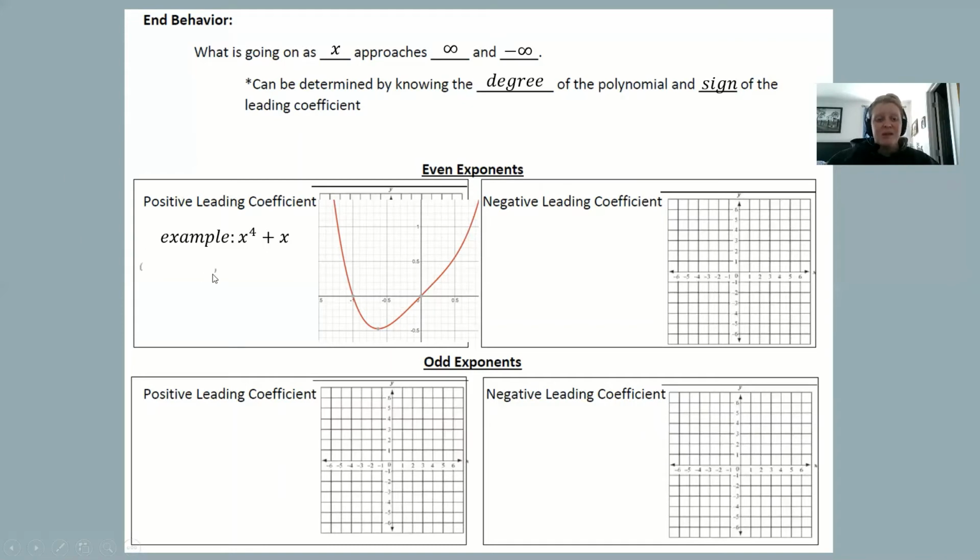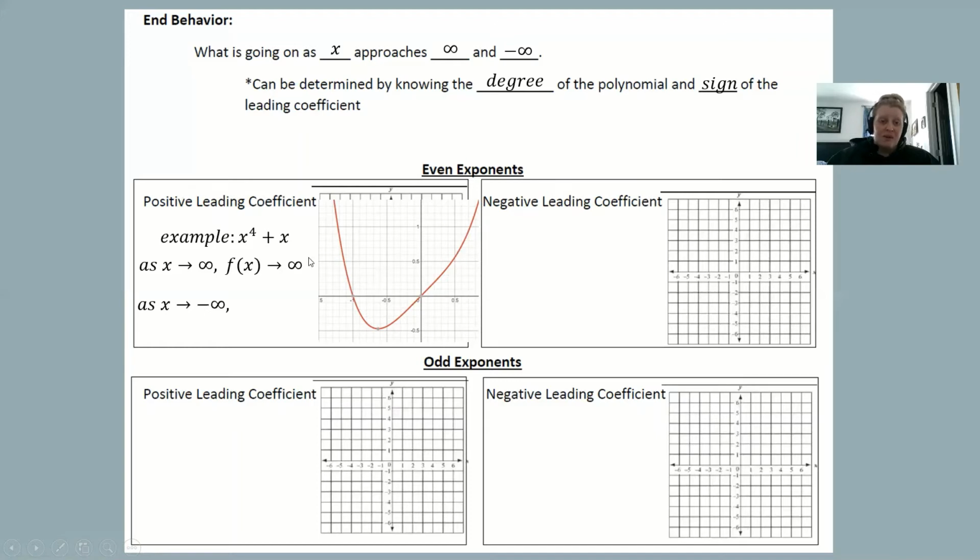The way to present this is such. As x goes to infinity, so that means as we look further and further to the right, and as we look further and further to the left, f of x means the height or the y values. It means as we look on the right side, the y values get higher. That means we end up going up.